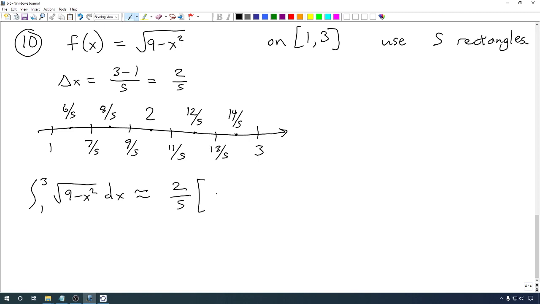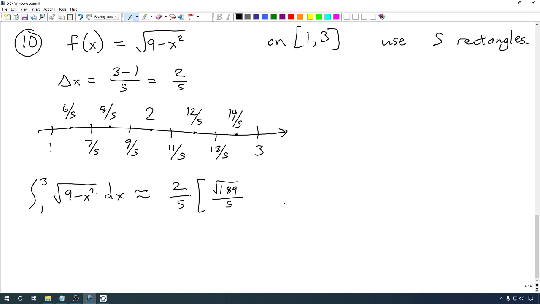Well, I'm going to save you some of the work. Technically you could use a calculator to find those. I mean, we can't use a calculator to find this integral unless we have a calculator that can do integrals. But if we use a calculator and do some simplification, we can find that this turns into the square root of 189 over 5. That is f at 6/5.